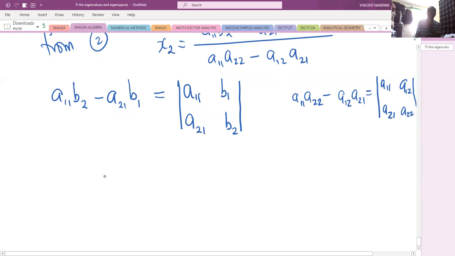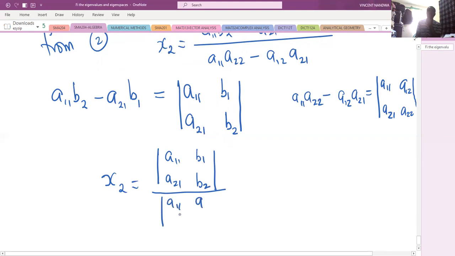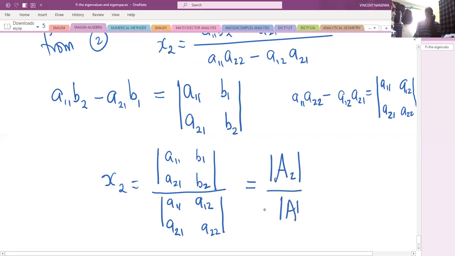So which tells us that we can say x2 is nothing but determinant of a11, b1, a21, b2 divided by determinant of a11, a12, a21, a22. And if you denote this one by A2, over determinant of A, where A is the original coefficients matrix from the system.